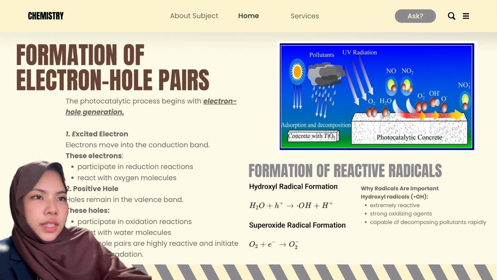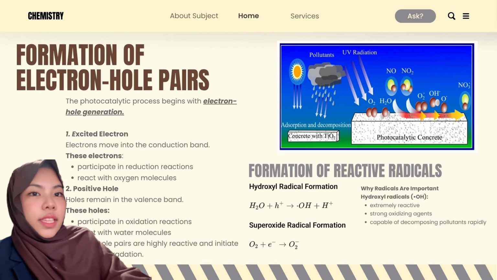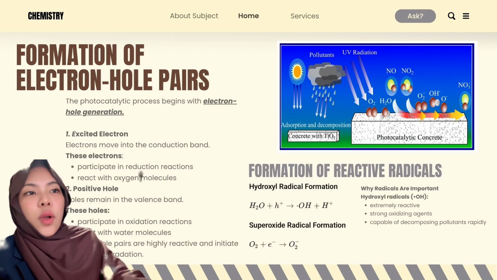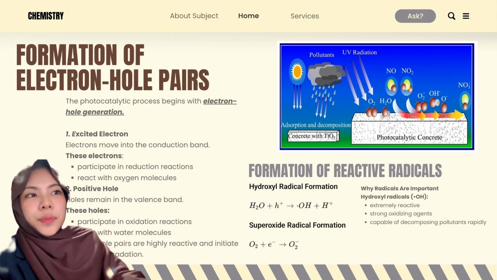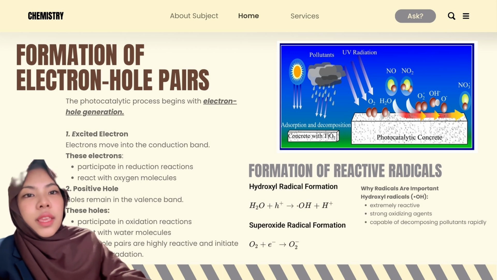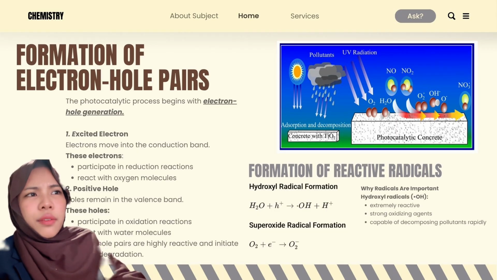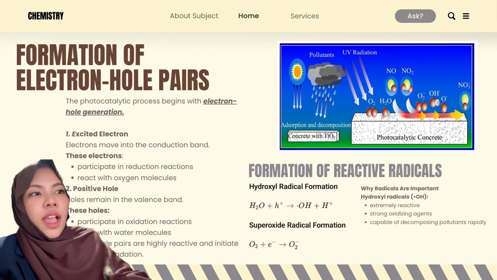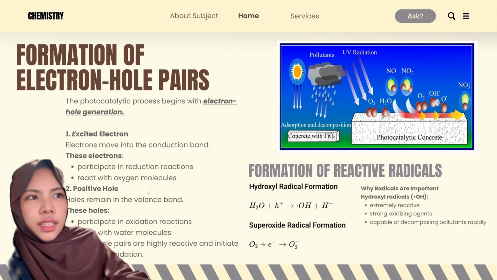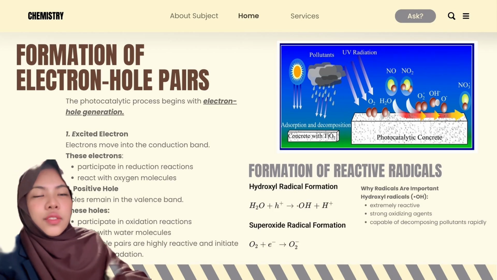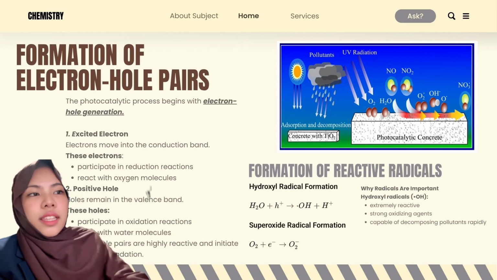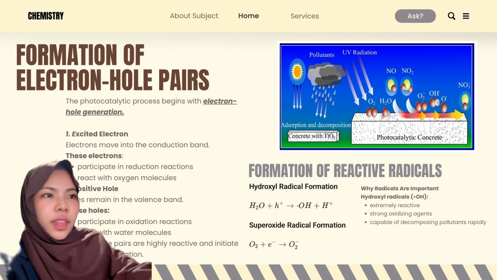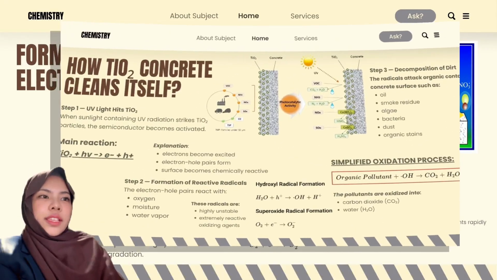Hydroxyl radical formation: H2O + h⁺ becomes OH• + H⁺. And superoxide radical formation: O2 + e⁻ becomes O2⁻. And why are radicals important? Hydroxyl radicals are extremely reactive, strong oxidizing agents, and capable of decomposing pollutants rapidly. And we continue to the next slide.